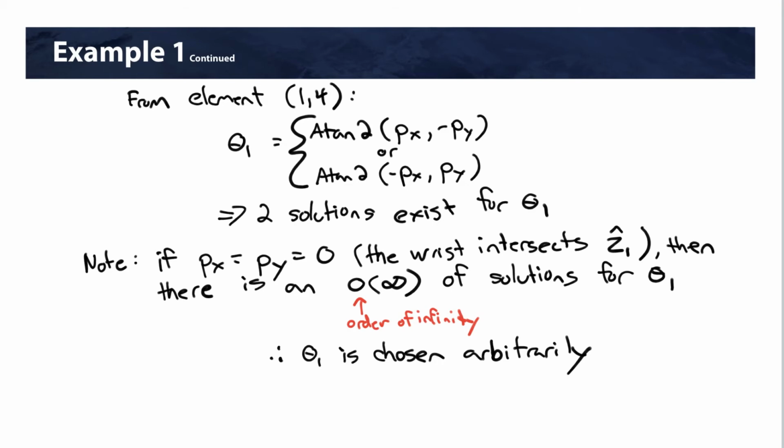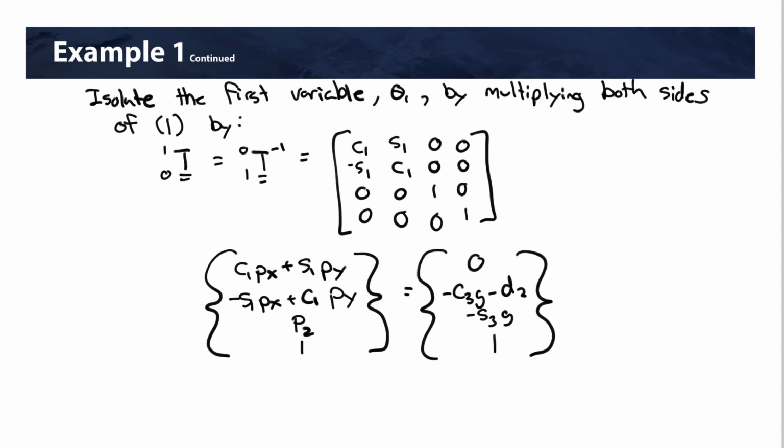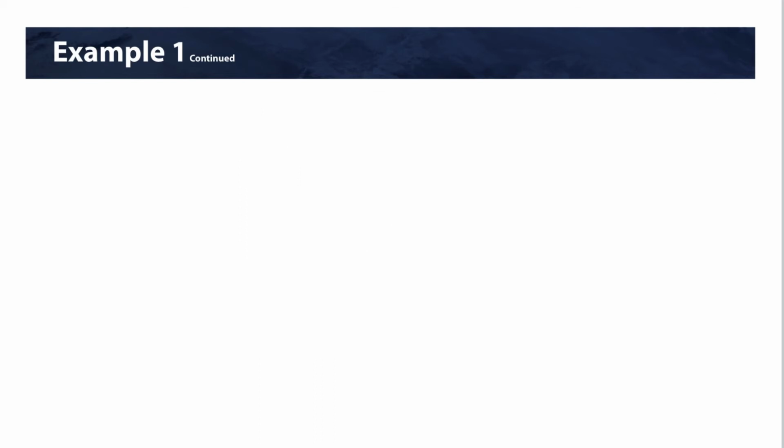We can go back to our equations here for our robot. If we look at equations 2 and 3, we have our terms theta 3 and d2 here. So let's look at those equations.